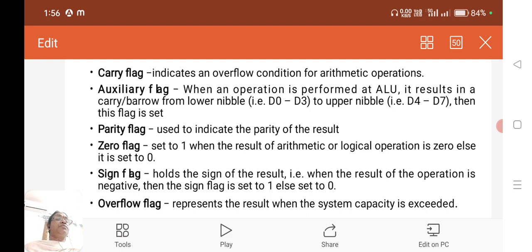The zero flag is set to 1 when the result of an arithmetic or logical operation is 0, else it is set to 0. The sign flag holds the sign of the result: if it is negative it is set to 1, else 0. The overflow flag represents the result when the system capacity is exceeded.